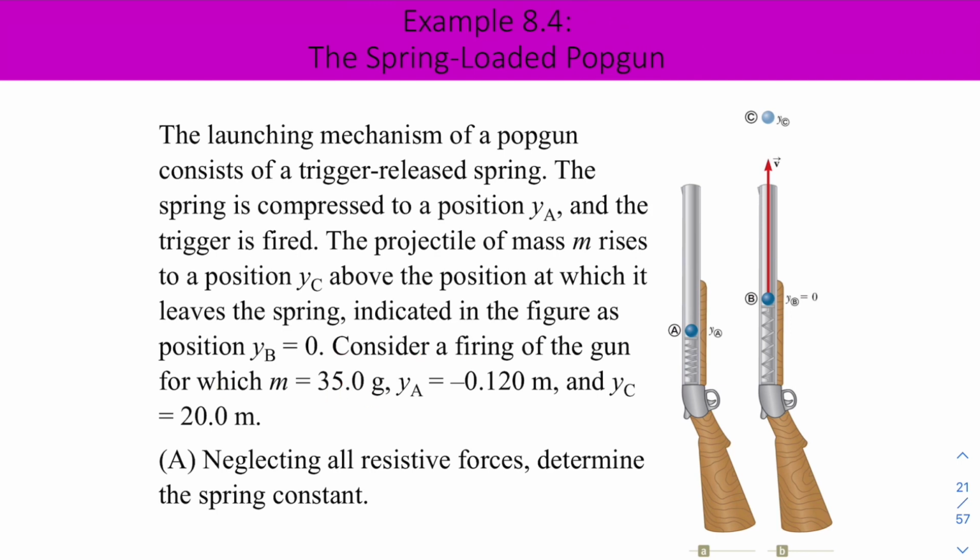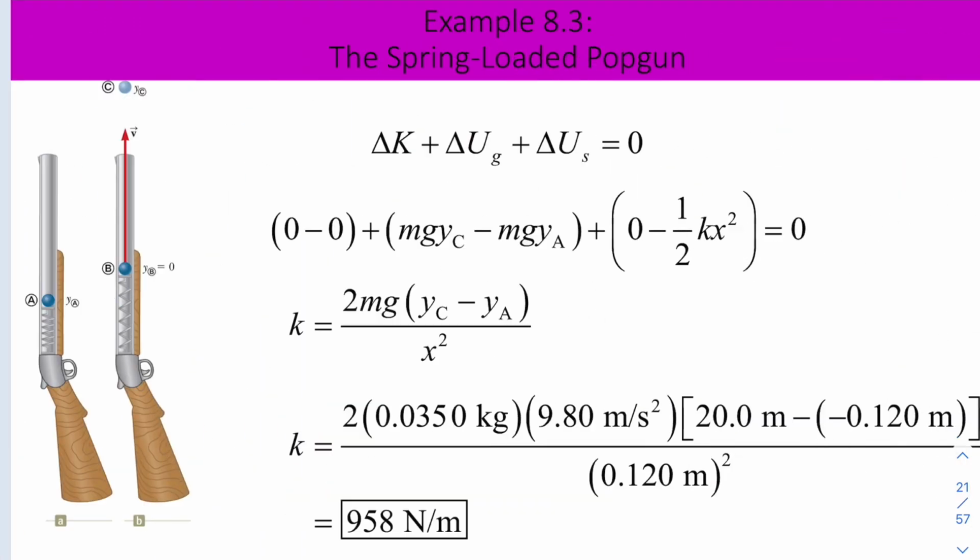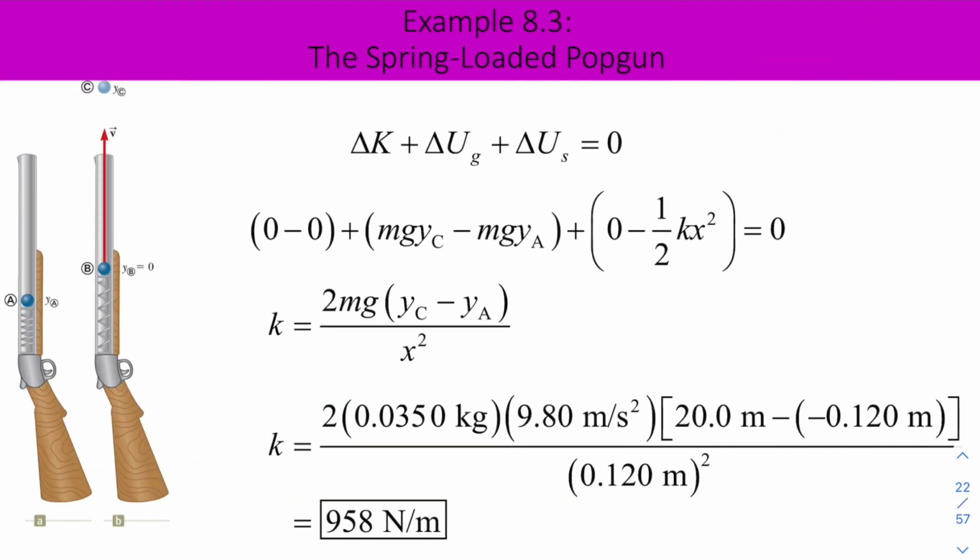Consider a firing of the gun for which m is equivalent to 35 gram, y_A is equivalent to negative 0.12 meter, and y_C is equivalent to 20 meter above y_B. Neglecting all resistive forces, determine the spring constant.